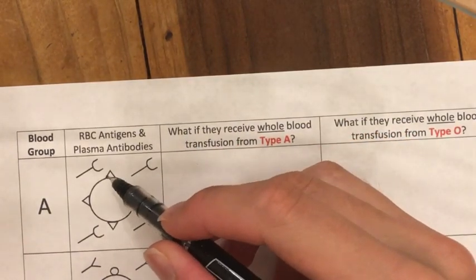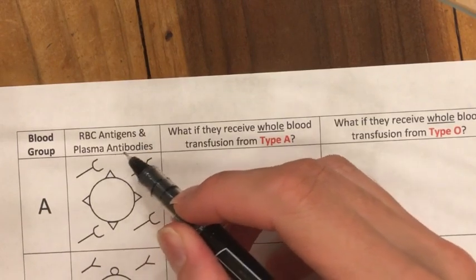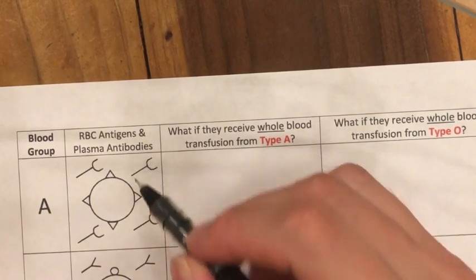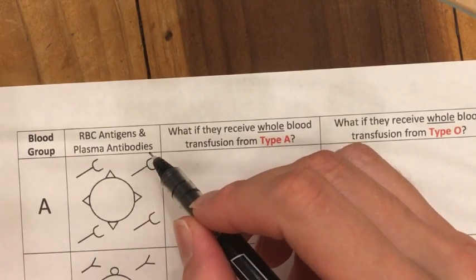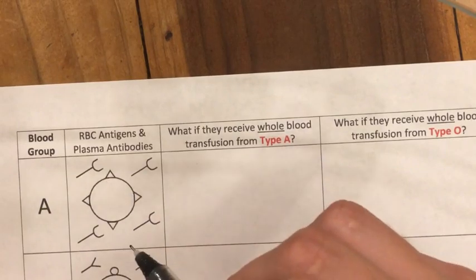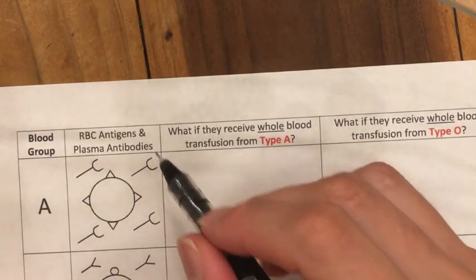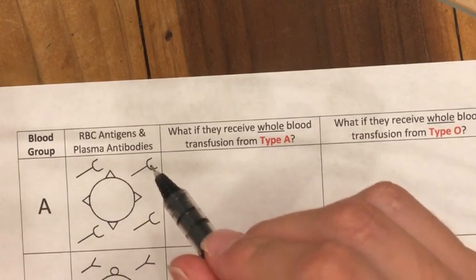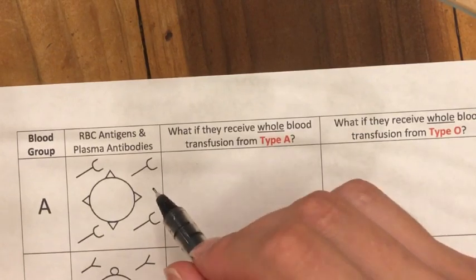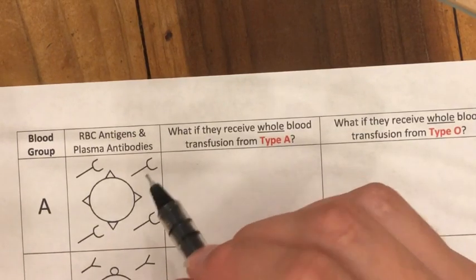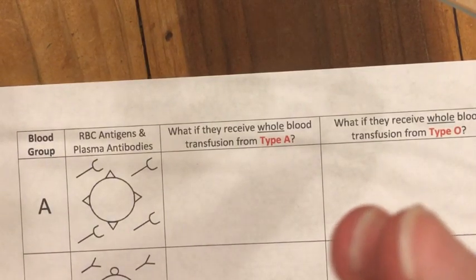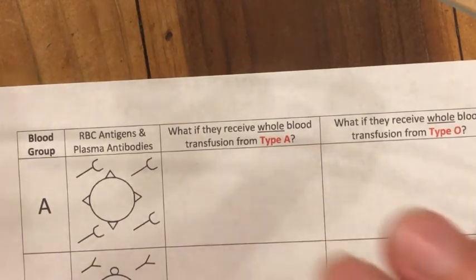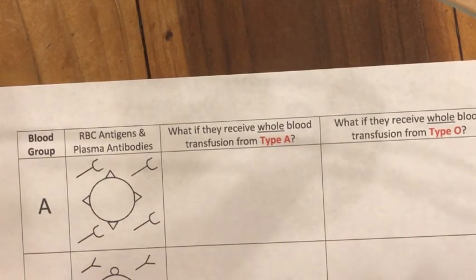So, besides this term antigens, let's look at antibodies. Antibodies are what can bind to antigens. They are protein structures that are part of the immune system, and they float around in the blood plasma and are essentially just looking to bind to something that they fit into.